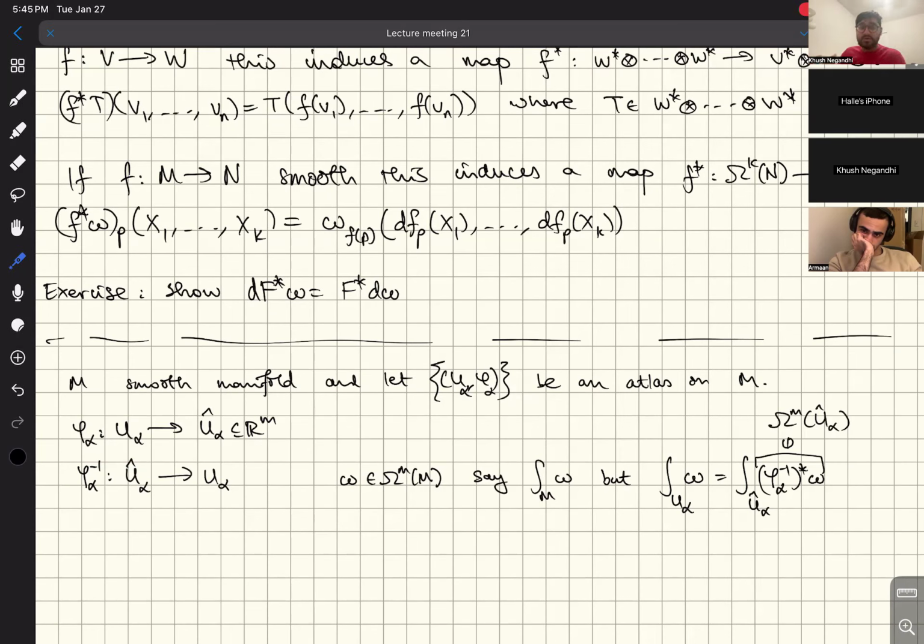Remember, we need the notion of measurable functions in order to integrate. But what I do know is if I restrict to a chart, I can pull things back. And now I suddenly have a notion of integrable functions, and a measure space and so on. And then I can integrate, right? So that's the idea of pullbacks.